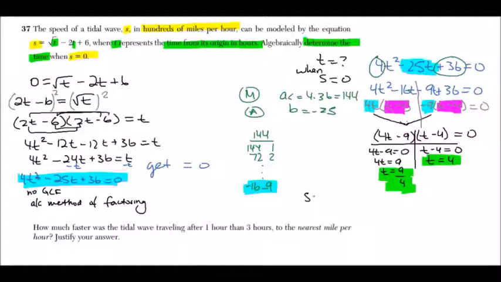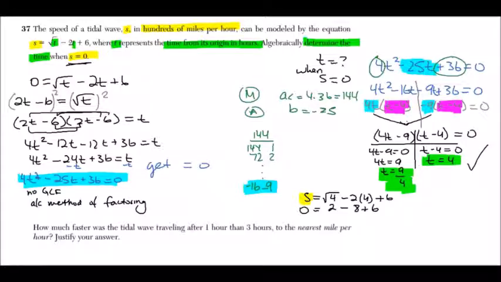So we have s equals the square root of, let's start with 4, that's the easier one, radical 4 minus 2 times 4 plus 6. We have to make sure that our s is equal to 0 in this case, because that's what we were solving for. Radical 4 is 2, minus 8, plus 6, and that does check out to be 0. So this is definitely a good answer.